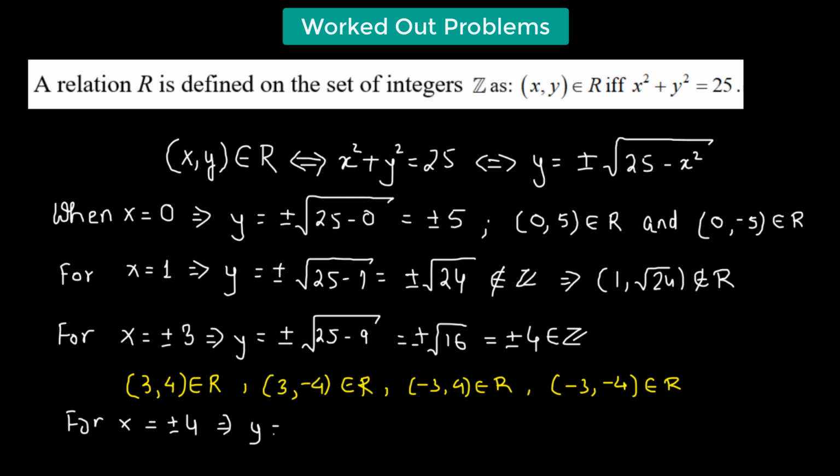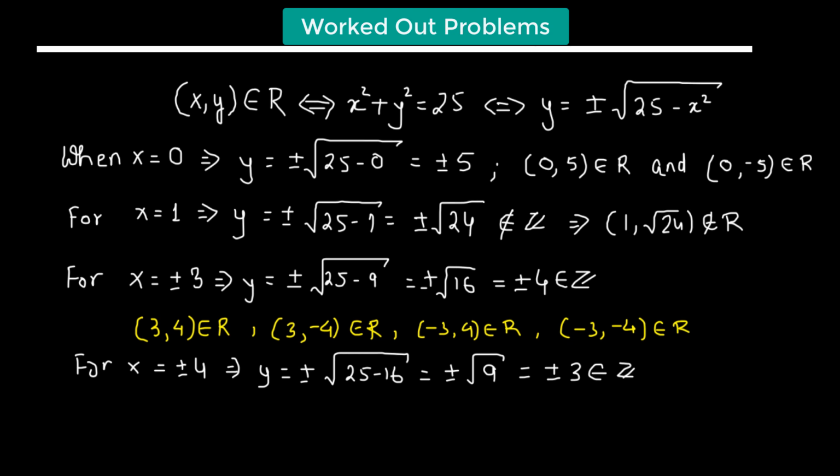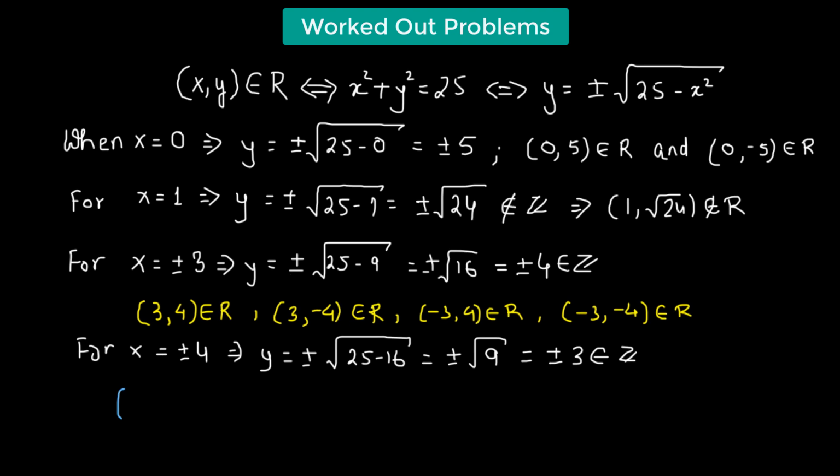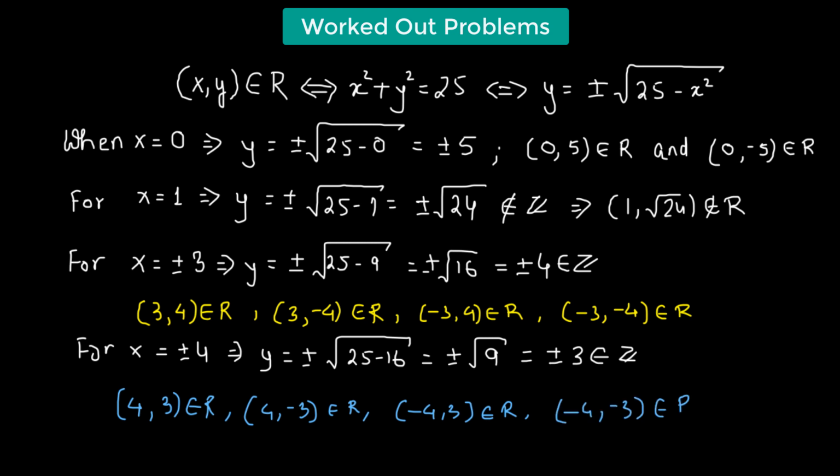That gives us y is equal to plus or minus the square root of 25 minus 16, and that gives us the square root of 9, which is equal to plus or minus 3, and that being an integer, we can form 4 more ordered pairs, and that will be positive 4, positive 3 belongs to R, positive 4, negative 3 belonging to R, negative 4, positive 3 belonging to R, and we have negative 4, negative 3 belonging to R.